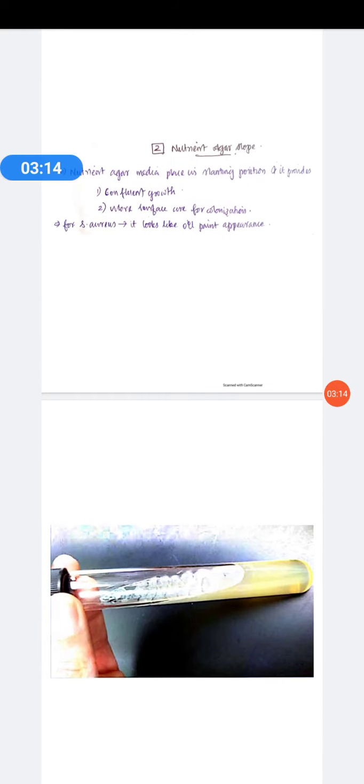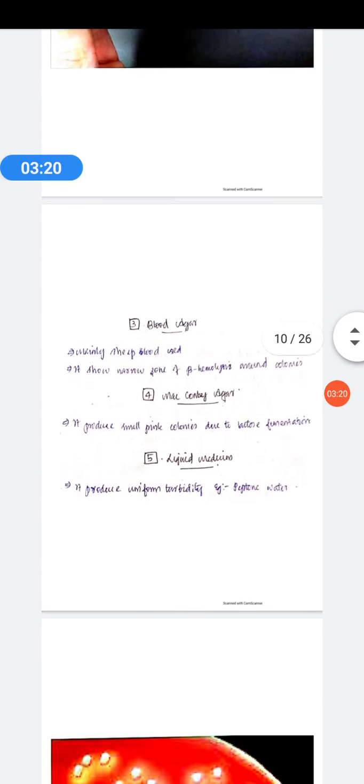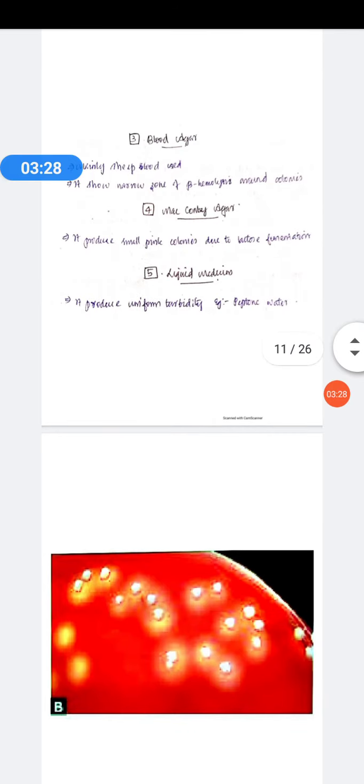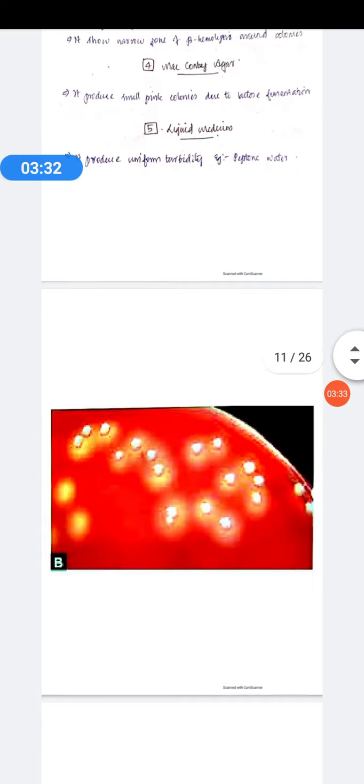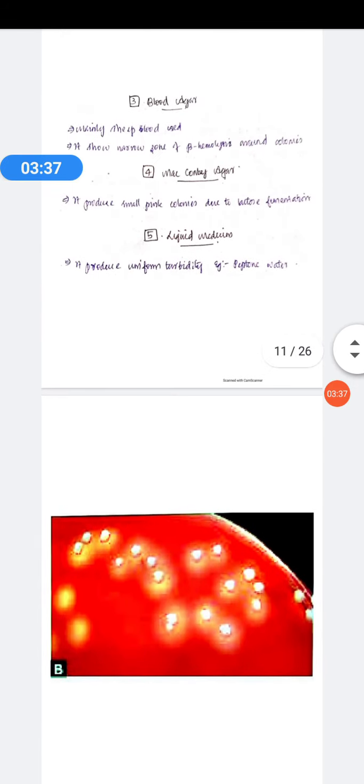Staph aureus looks like oil paint appearance in nutrient agar slope. Then come to the third one, that is blood agar. For blood agar we mainly use sheep blood and they show narrow zone of beta hemolysis around the colonies. So we can see here the narrow zone of beta hemolysis in blood agar.